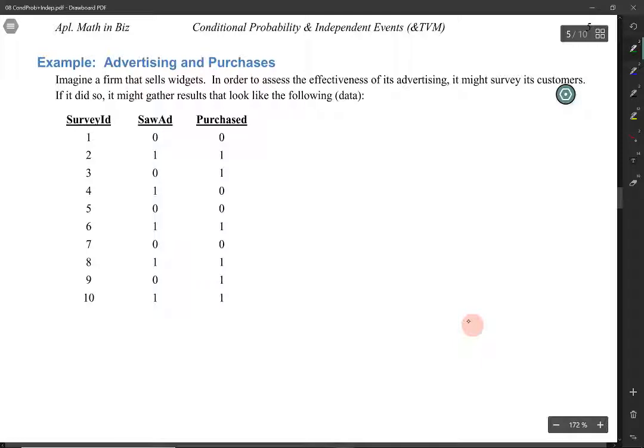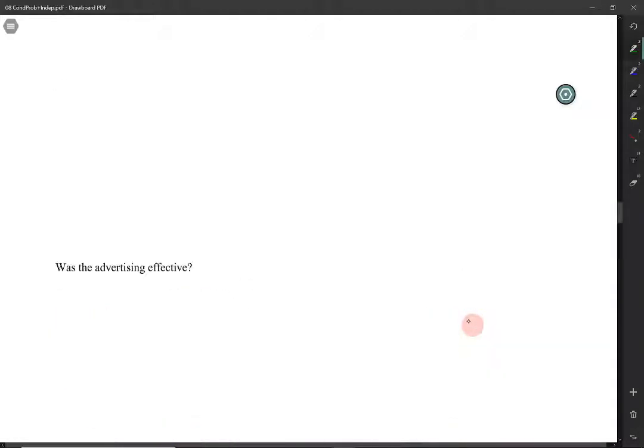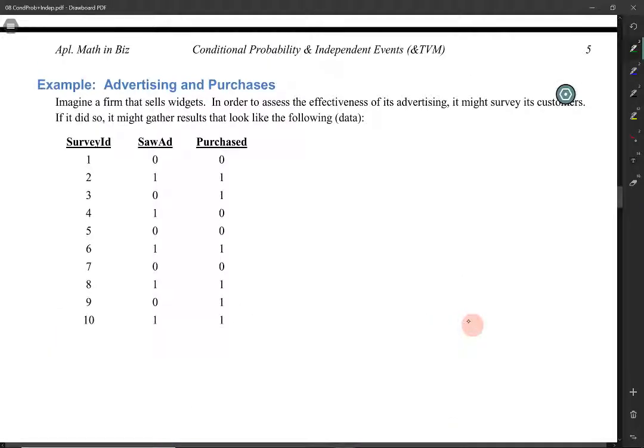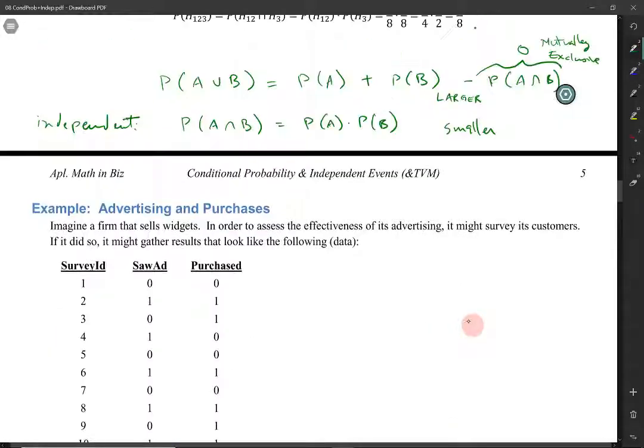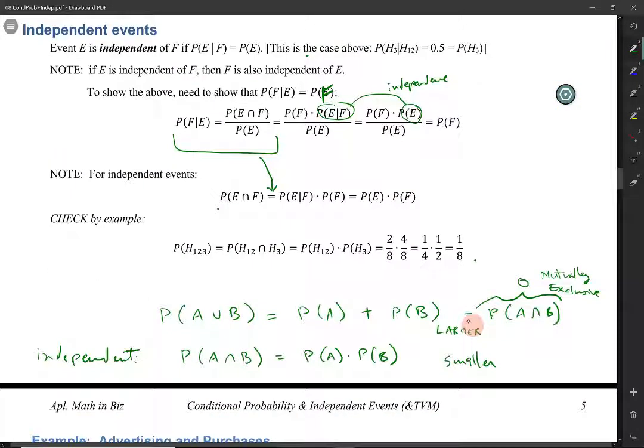So let's see if we can do another example, kind of along the lines of the others that we've done.